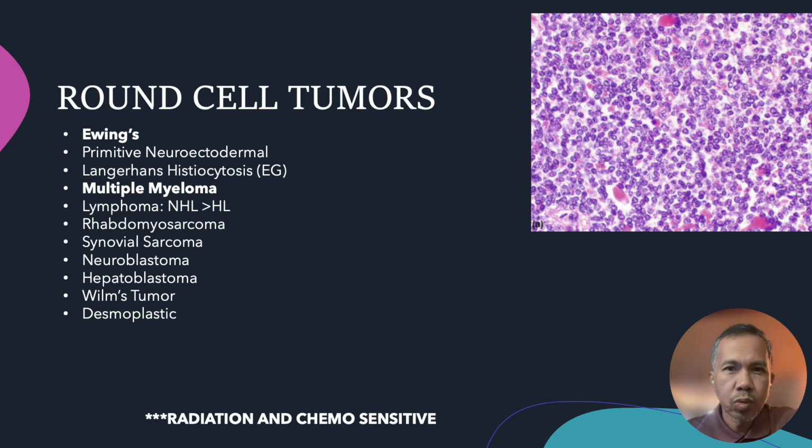Now we go to round cell tumors. These tumors are systemic in nature. This group of neoplasms are characterized by small, round, relatively undifferentiated cells. Differential diagnosis of small round cell tumors is particularly difficult due to their undifferentiated or primitive character.